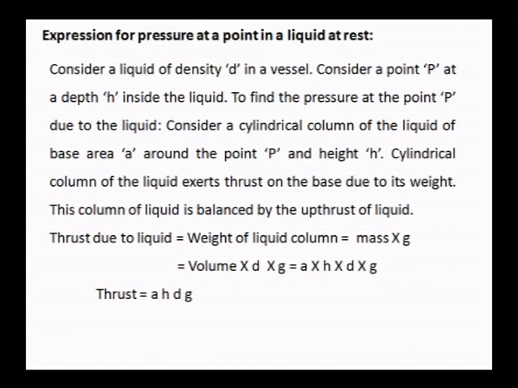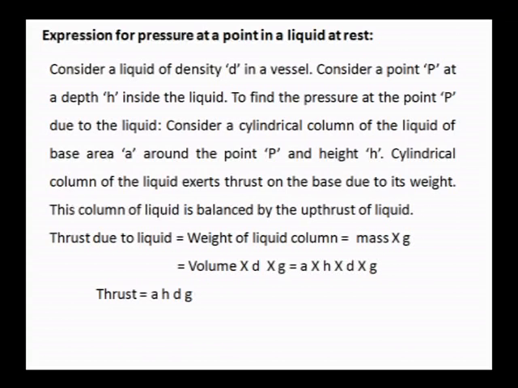So, mass we have replaced as volume into density, and that into g gives the weight of the liquid column. Also, the volume of the cylindrical column of water is calculated as the base area into height of the cylinder or pipe. So, volume is replaced as A into h, and hence we get A into h into d into g.